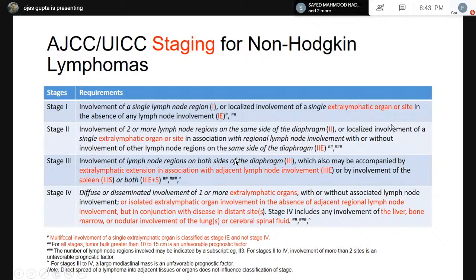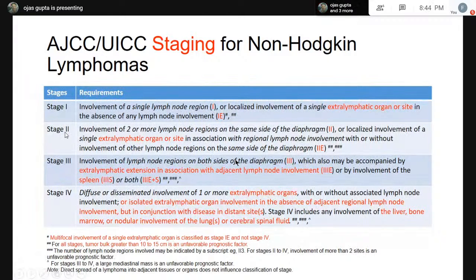Stage 2 is given when there is localized involvement of a single extra lymphatic organ with regional lymph node involvement, with or without involvement of other lymph node units on the same side of the diaphragm. It is important to note that in case of GI lymphomas, multifocal involvement of a single extra lymphatic organ is classified as stage 1 but not stage 2. And for all stages, tumor bulk greater than 10 to 15 centimeters is an unfavorable prognostic factor.